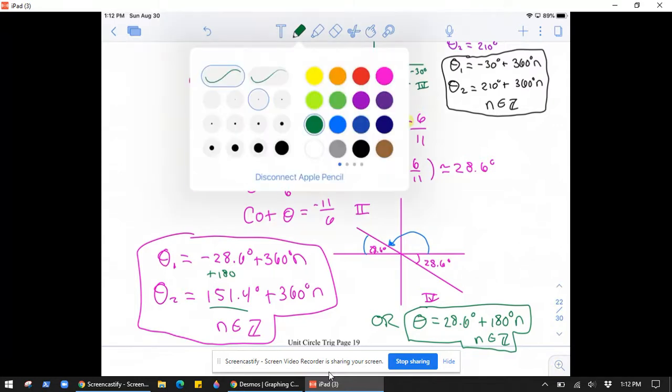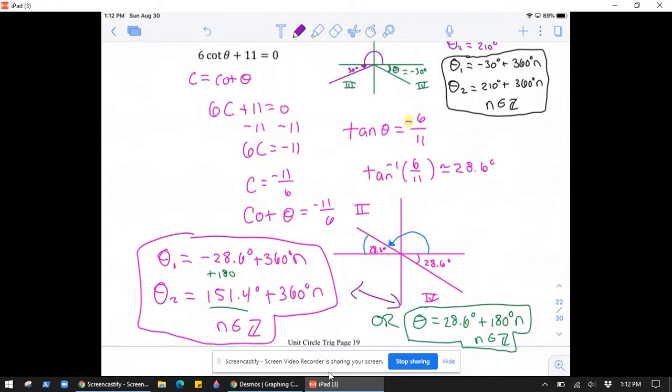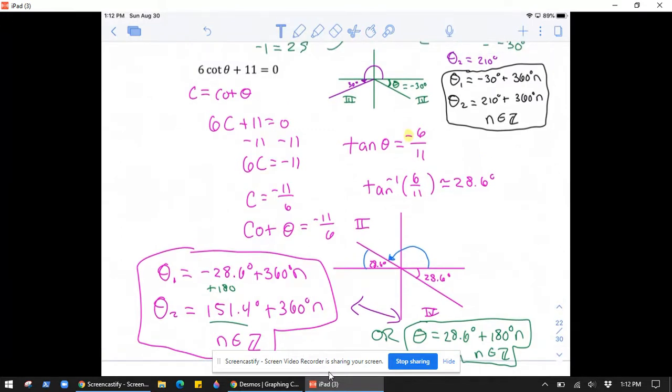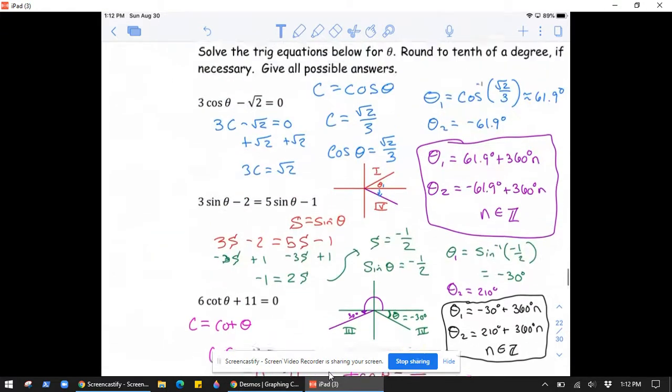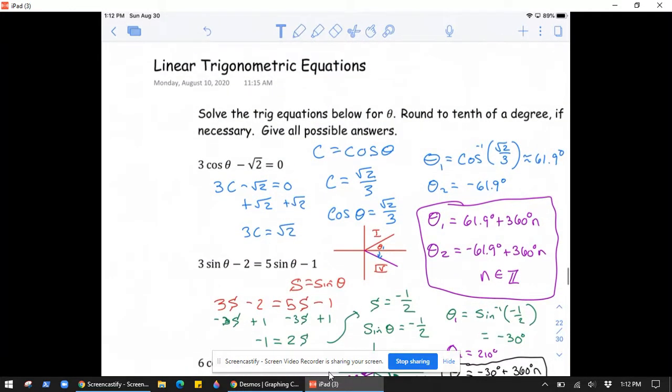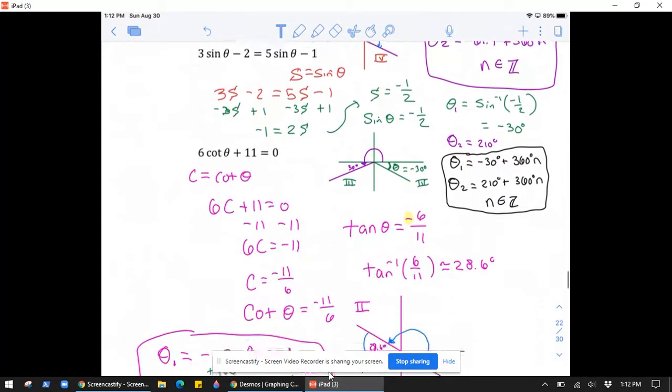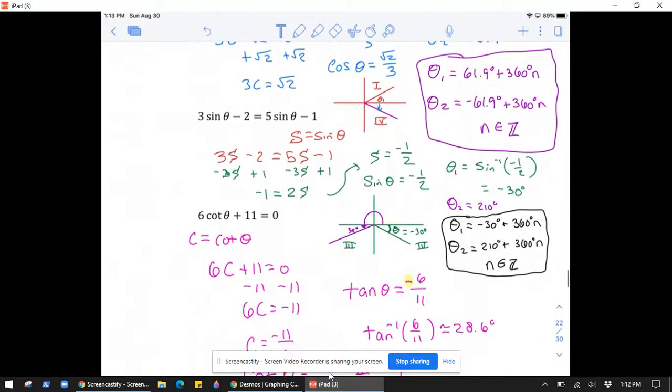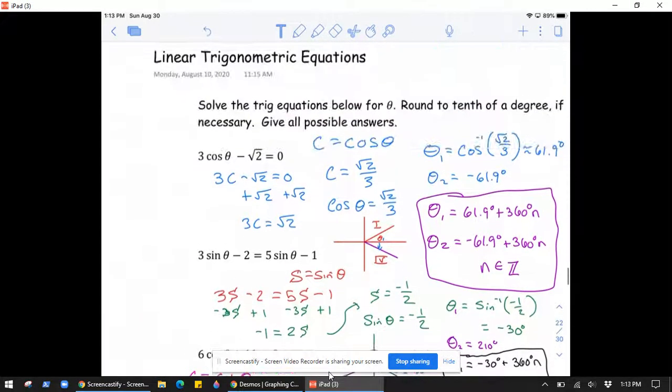Both of these will produce the same set of angles that are solutions to our equation, so it doesn't really matter. But in any case, solving linear trigonometric equations and producing all answers. Those are 3 examples you can use. The first and the last involving a calculator, and the second one you should have been able to do without.